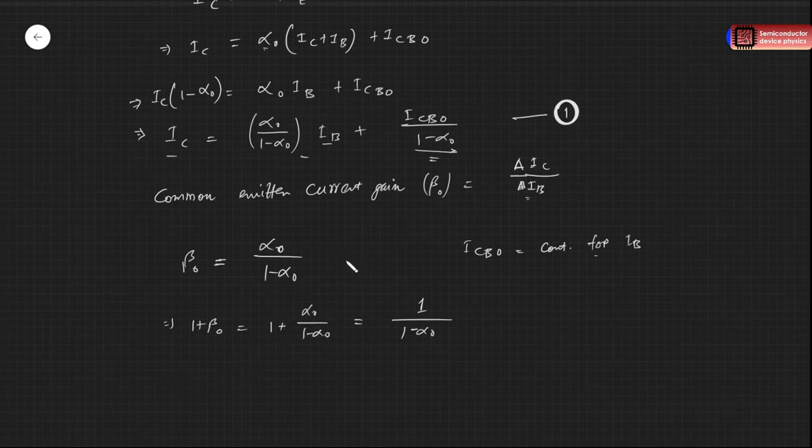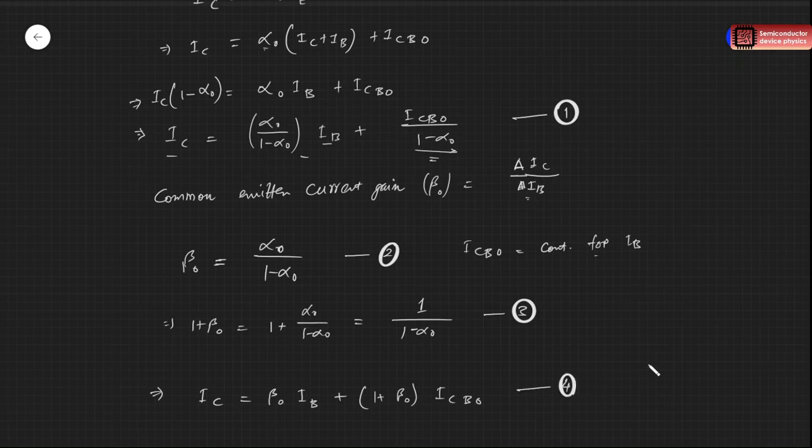So if you replace equations 2 and 3 in equation 1, we will get IC, the collector current. IC will be beta 0 into IB plus 1 plus beta 0 into ICBO, right?